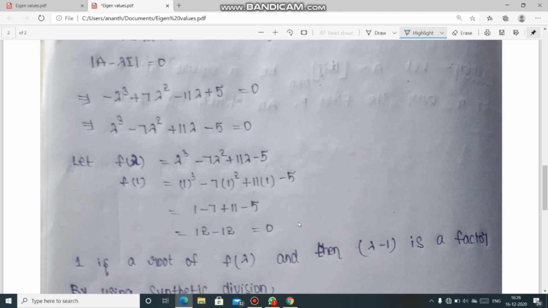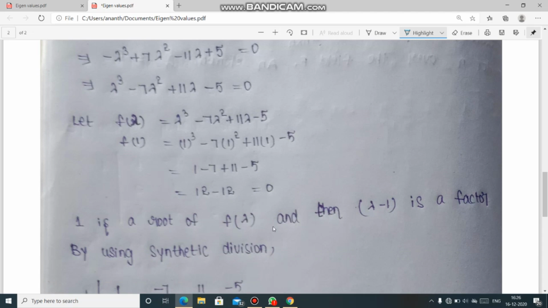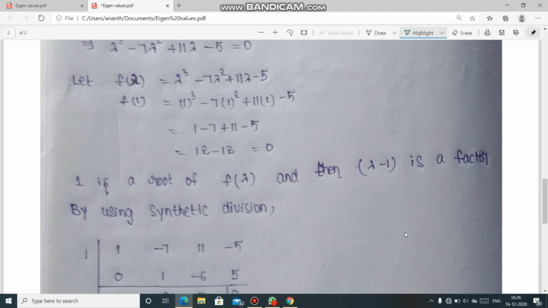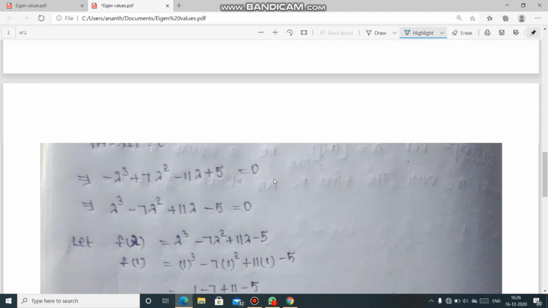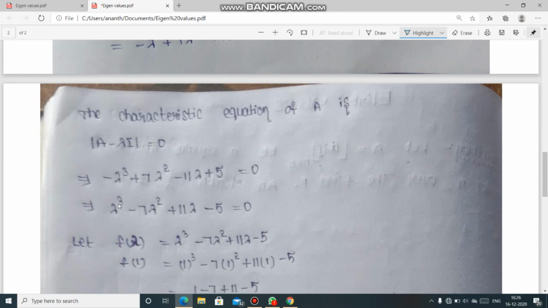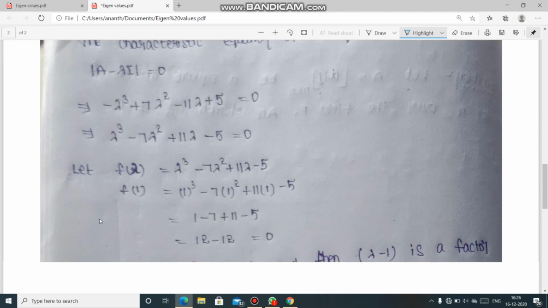So 1 is a root of f of lambda, and then lambda minus 1 is a factor of this equation. Since it is a cubic equation, it will have 3 roots. So now we get 1 root here.